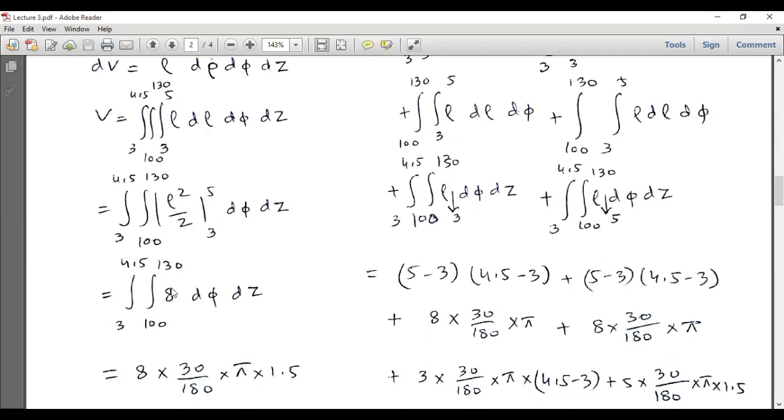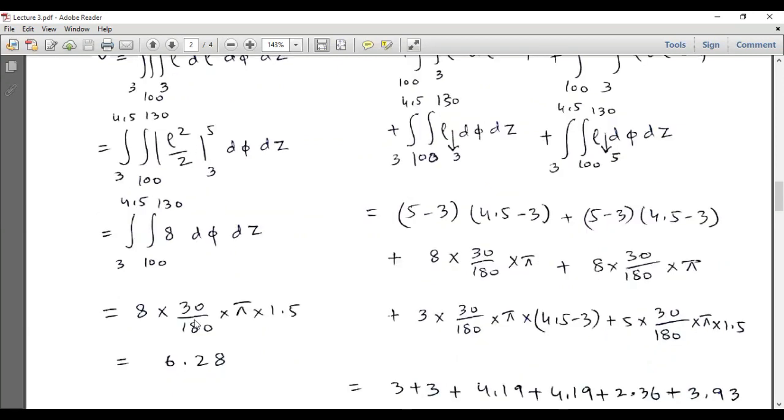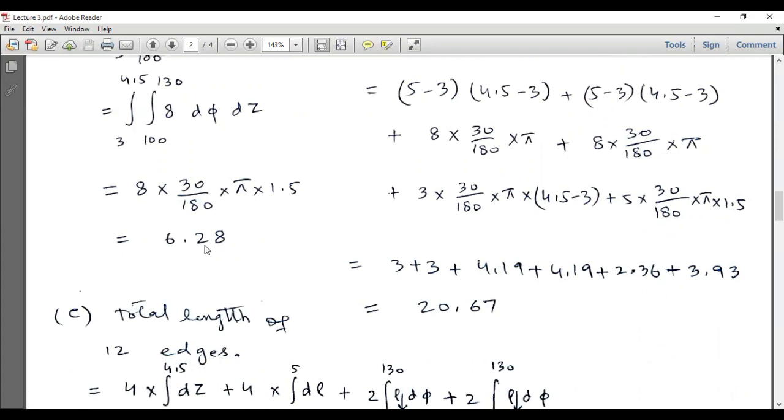By putting these limits, we will get 8. Similarly, the integral of d phi will be equal to phi, and we will put 130 minus 100, so it will be 30 degrees, and then that 30 degrees must be converted to radians by multiplying it by pi by 180. Similarly, dz has an integral of z, and it will be equal to 4.5 minus 3, and it will be equal to 1.5. So overall, the total volume of this piece is 6.28.